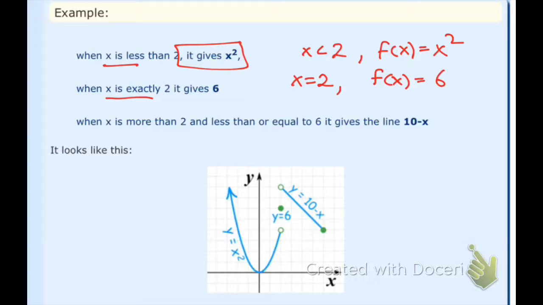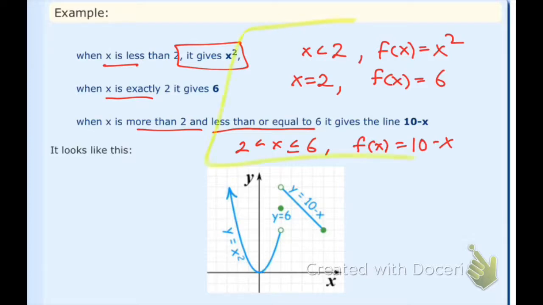When x is more than 2 and less than or equal to 6, well, the function we're going to get is f of x is equal to 10 minus x. And that is our piecewise function.